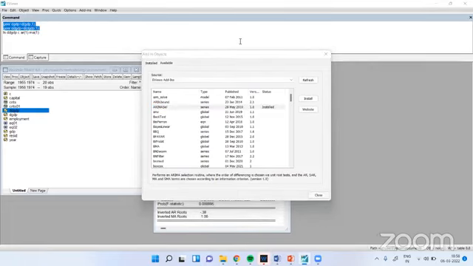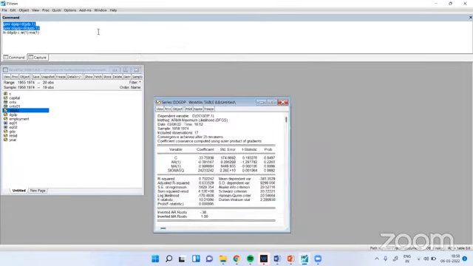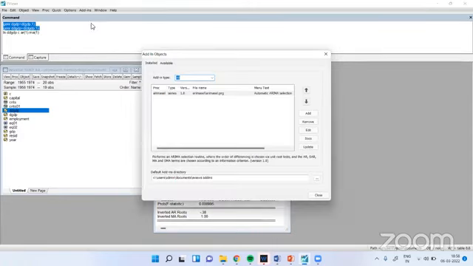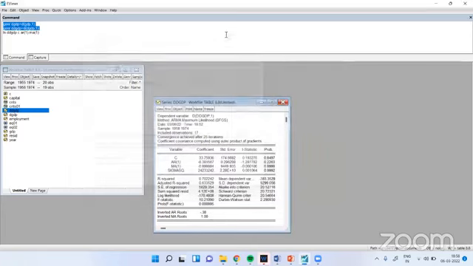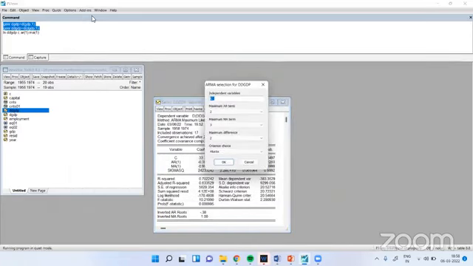Add-in, manage add-in, and ARIMA selection or download ARIMA. After that, you go in add-ins, automatic ARIMA.